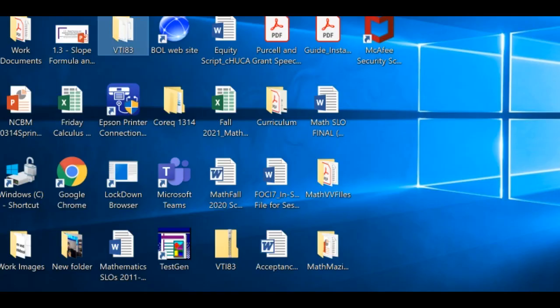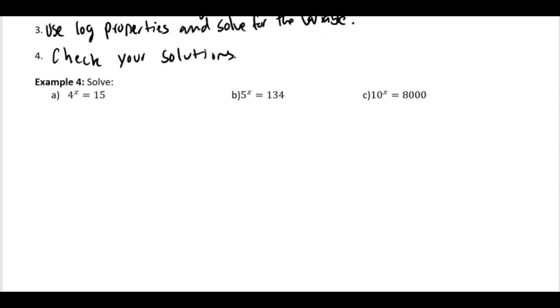Okay, so here we have 4 to the x equals 15. We cannot use the one-to-one property. That's always going to be the easiest or fastest method. Since we cannot use that, we're going to take the natural log of both sides.